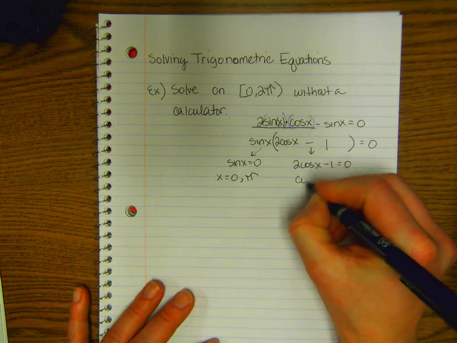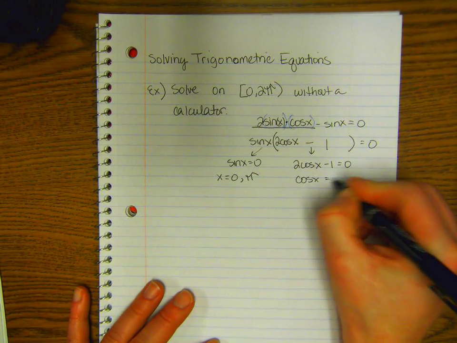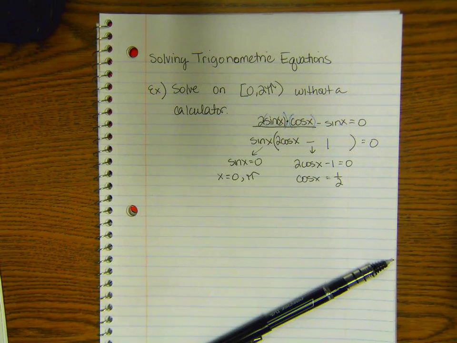Add 1, divide by 2. Alright, so now this is saying, where's the cosine 1/2? That's up here, right? Which is pi thirds. Over here the cosine is negative, so it's not quadrant 3 and it's 4, but then it's down at the bottom again, so it's pi thirds and 5 pi thirds.